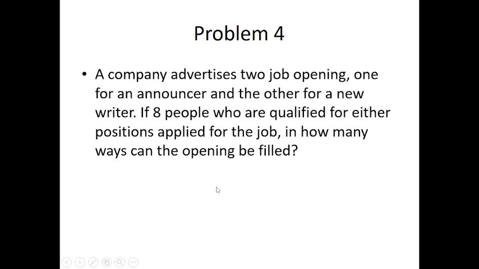Problem 4. A company advertises two job openings, one for an announcer and the other for a new writer. If 8 people who are qualified for either position applied for the job, in how many ways can the openings be filled? Given: a company advertises two job openings. 8 people are qualified for either position.